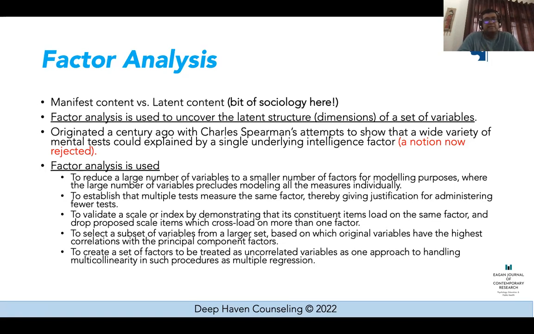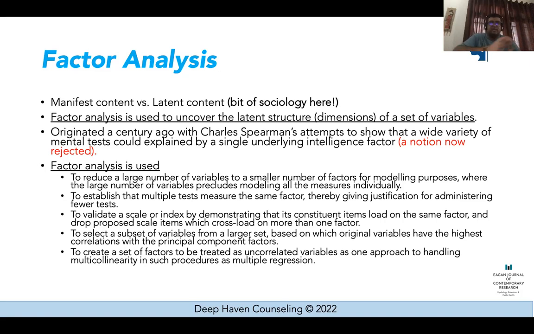So think like this. There's something that I learned in sociology called manifest content and latent content. Manifest content means the things that you can see outside, like you can directly see them. But latent content is something that you cannot directly see. They are abstract. So we want to know how exactly these kinds of abstract things can be understood. So factor analysis is used to uncover this latent structure, the dimensions of a set of variables or set of items.